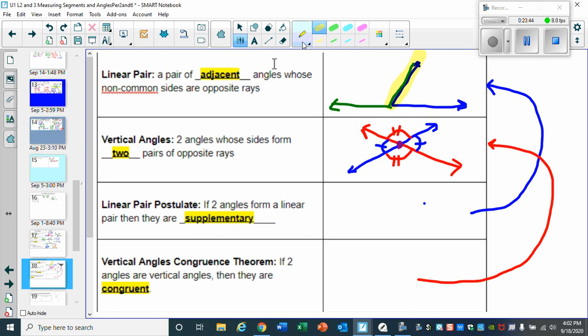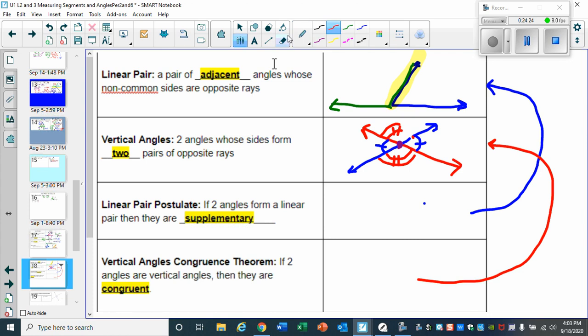Now, next part, vertical angles. This is the part where I'm going to do a double. Sometimes with angles, if there is more than one pair of angles, you can tell this pair with the single arc are congruent. And then let me fix this so it looks more like a double arc.